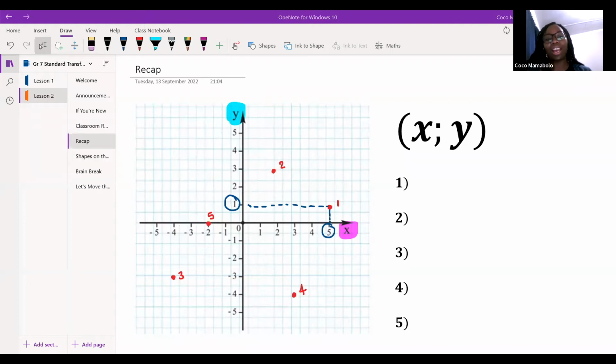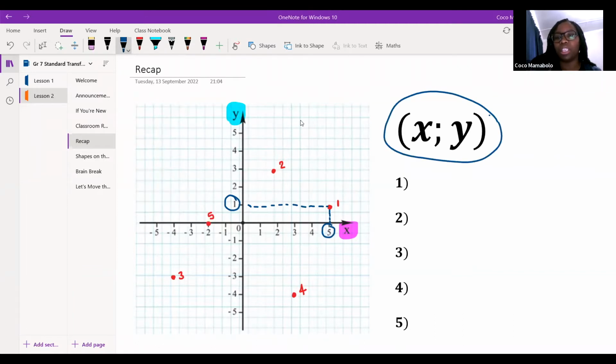Now, I want you guys to take both my X value and my Y value, and write it the way we learned how to write it. Put it in the chat for me. I know you guys know how to do this.